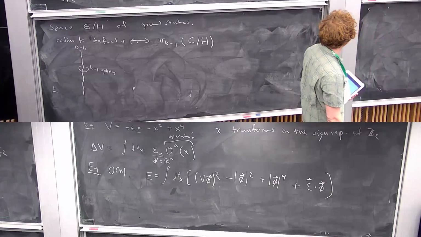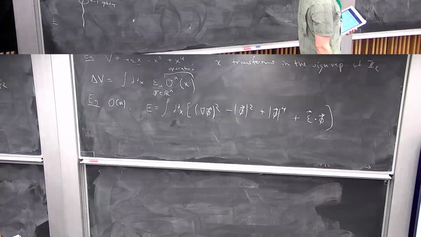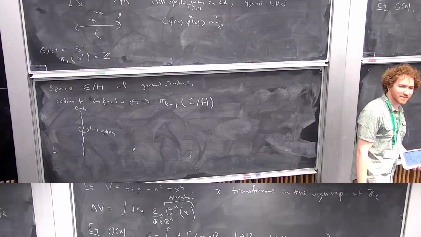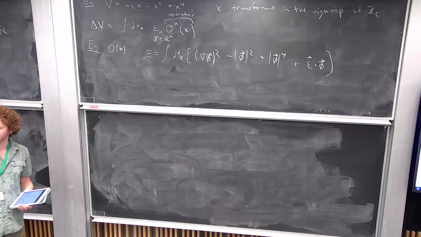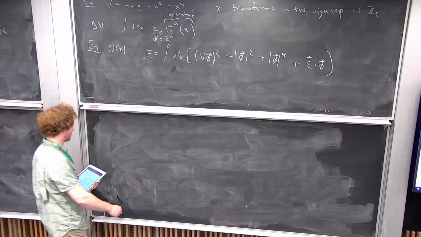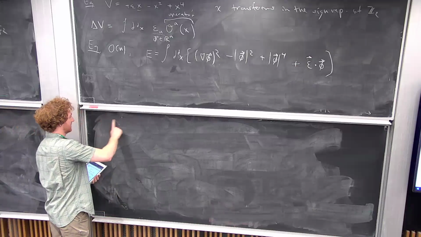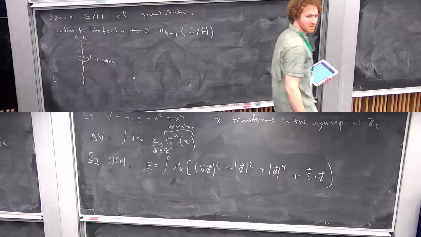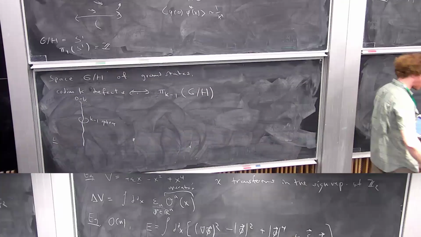I don't know if there are some weird rep theory loopholes that get you out of that in an interesting way, but I'm going to assume that there are perturbation operators that transform in every representation.